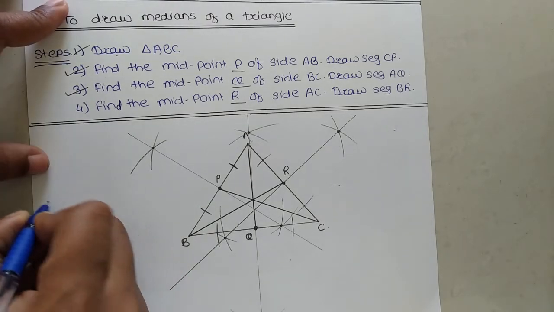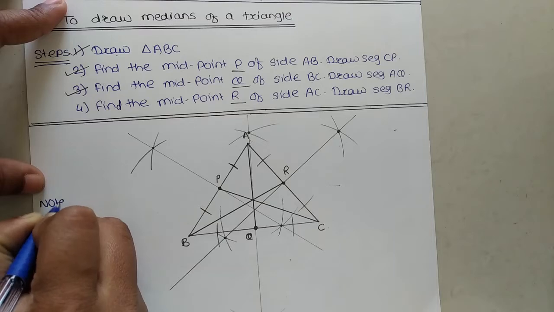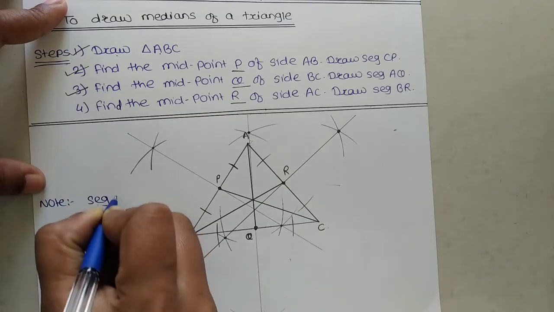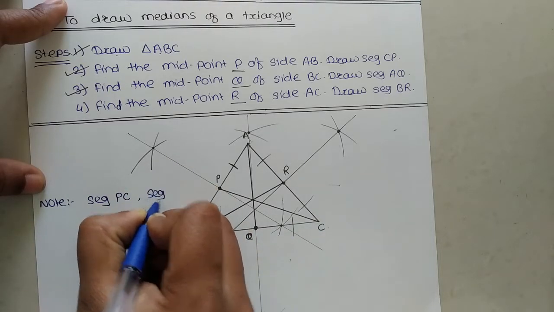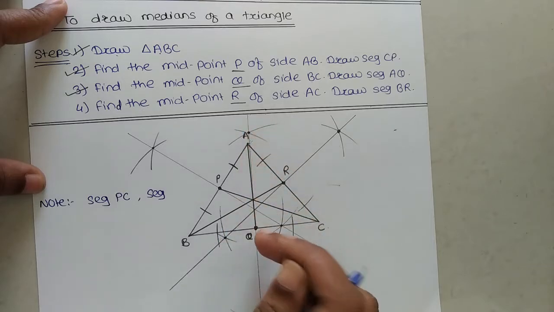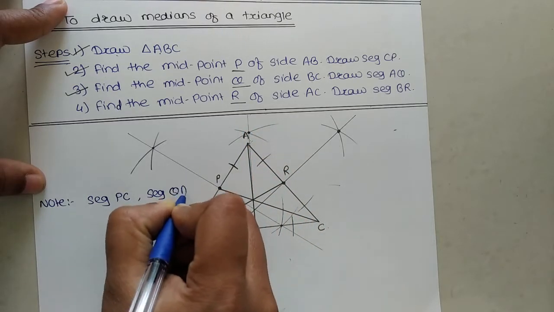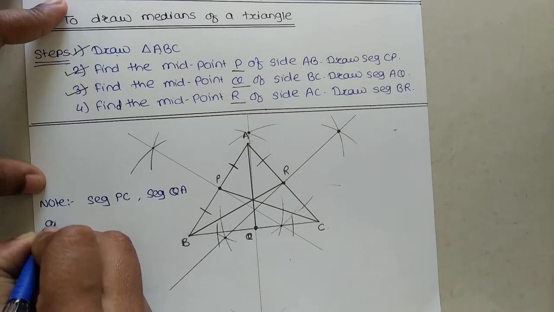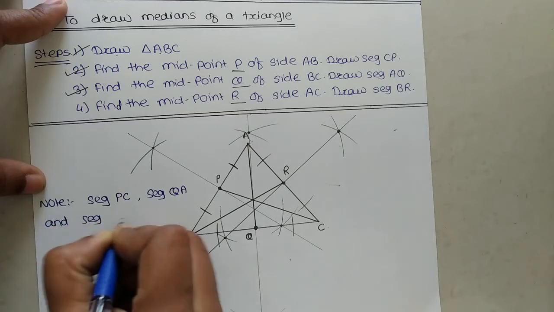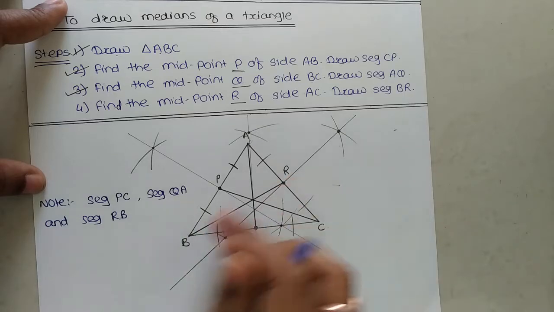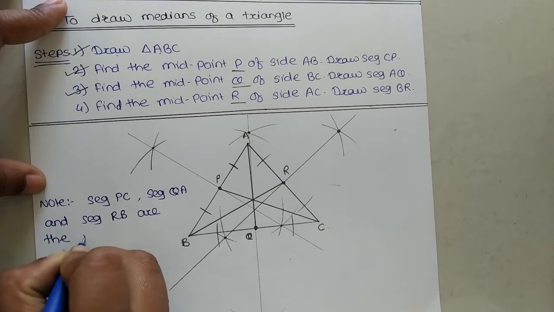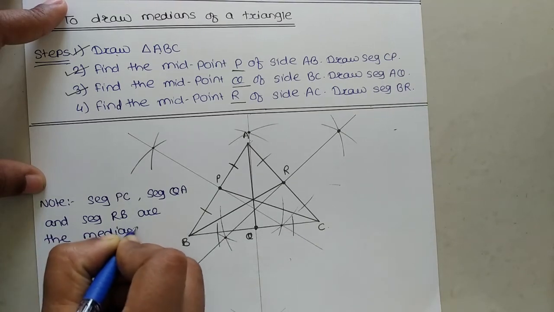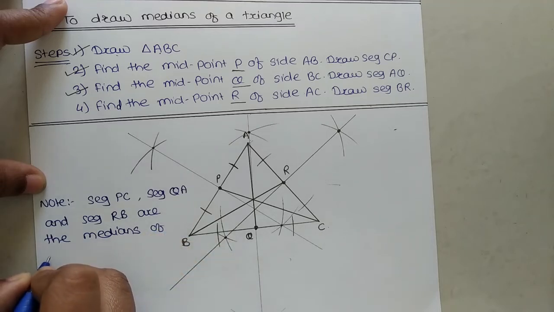This is your note: segment PC, segment QA and segment RB are the medians of triangle ABC.